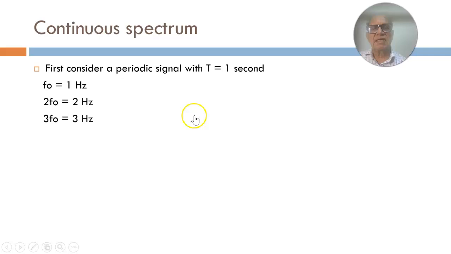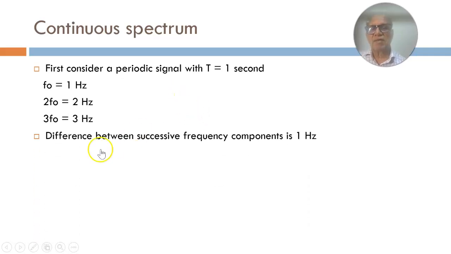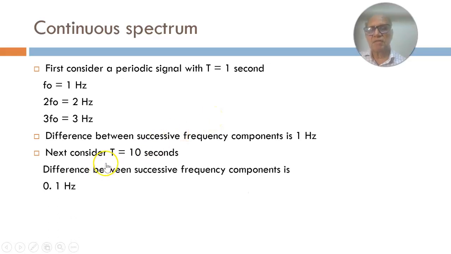But let us consider a periodic signal whose time period, let's say, is 10 seconds. Then what will happen? In that case, it's easy to see that the fundamental frequency will be 1 by 10, which is 0.1 Hertz.